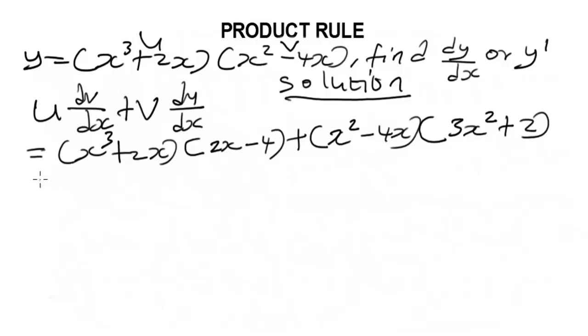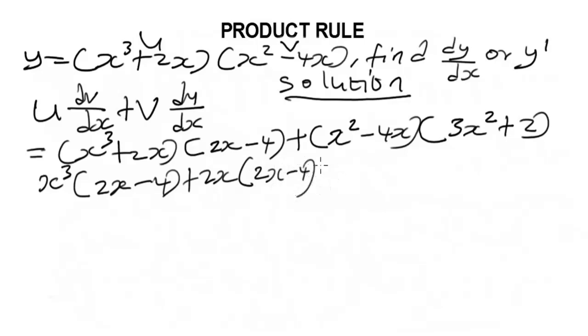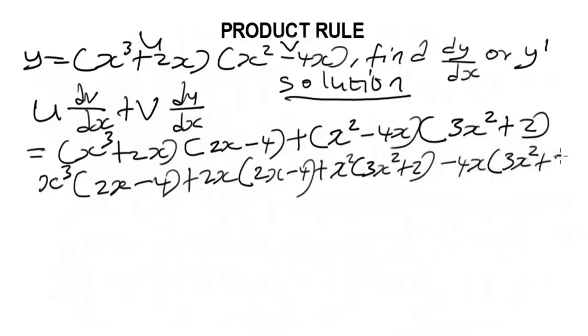Let's begin with x cubed multiplied by 2x minus 4, bracket close, plus 2x multiplied by what we have here, 2x minus 4, plus this time around x squared multiplied by 3x squared plus 2, bracket close, minus 4x multiplied by 3x squared plus 2.